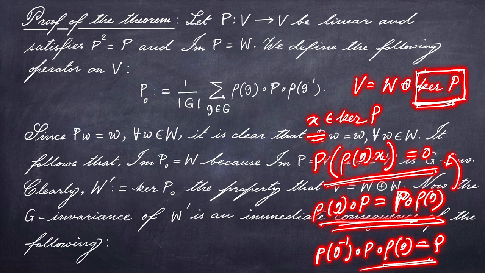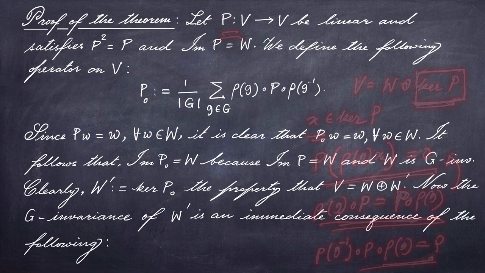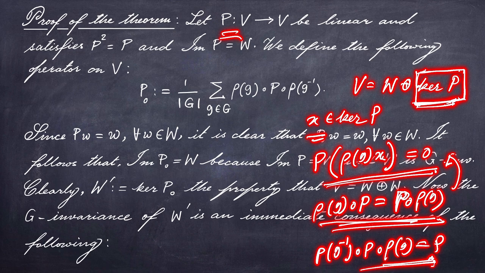Thus we see that if the projection operator P whose image is W is invariant under all the conjugations, then we will be through, because then we can immediately switch rho P and rho G, and that exactly gives us what we want.